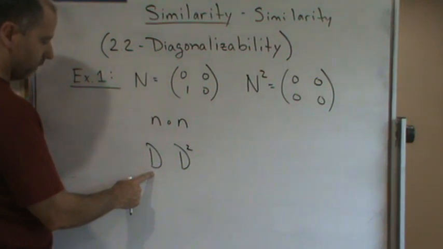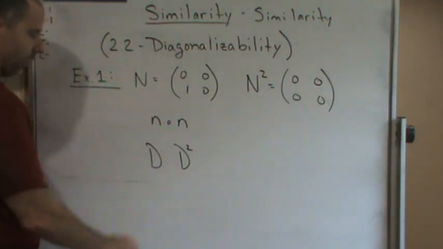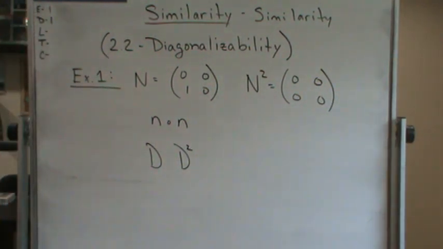All it's doing is taking the diagonal and squaring the diagonal entries. And so D squared cannot be the zero matrix. Thus, the matrix N is not diagonalizable.